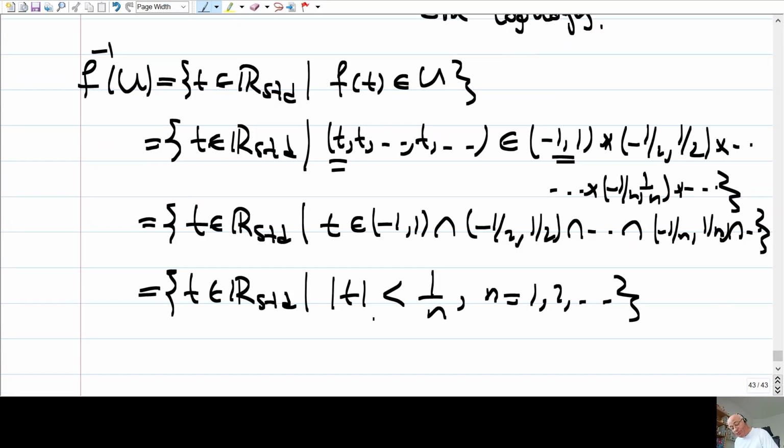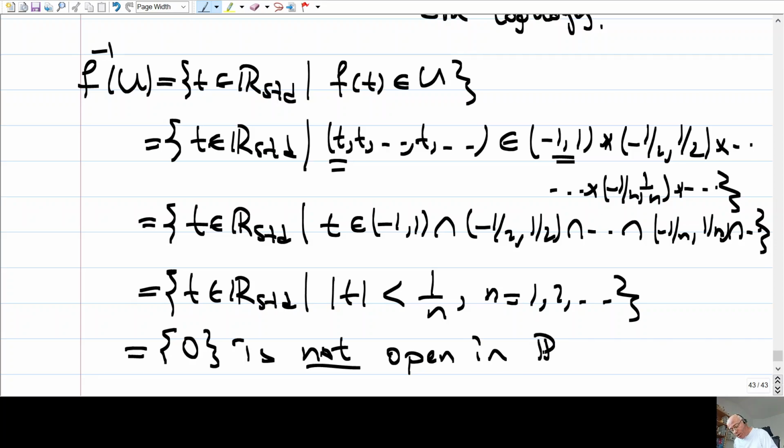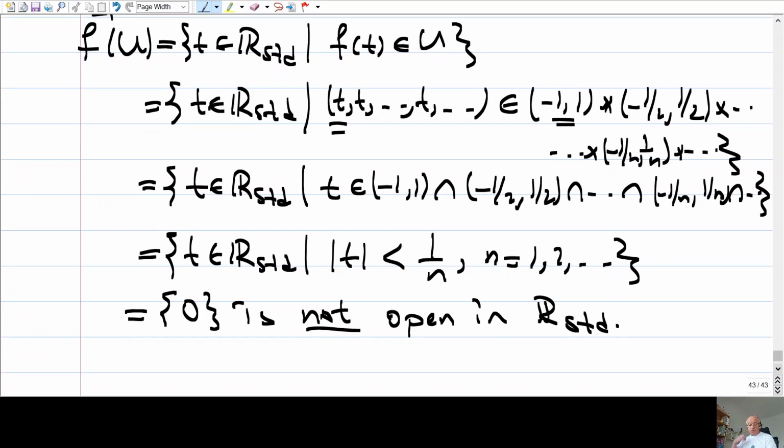What is the real number which is less than all 1 over n's? That's only 0. So this set consists of only 0, and this set is not open in our standard topology. Therefore this function is not continuous.